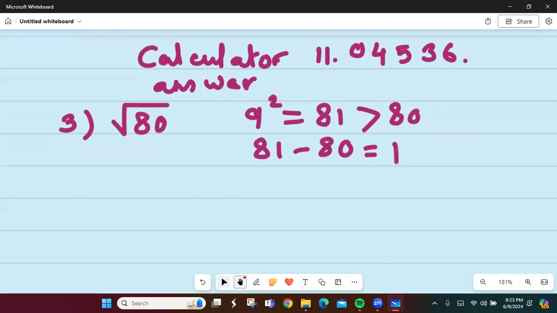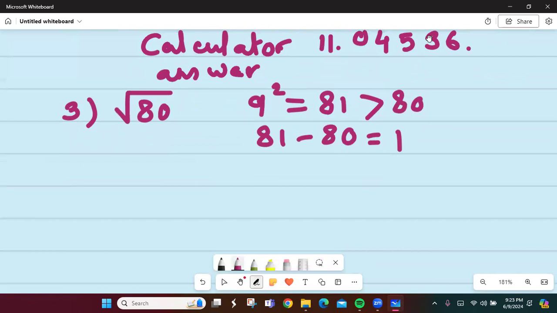So in this case, first I'll write 9. Now since the nearest perfect square, 81, is greater than this number 80, instead of a plus sign, I'll write a minus sign here. The difference between 81 and 80, that is 1, I'll write in the numerator, divide by 2.